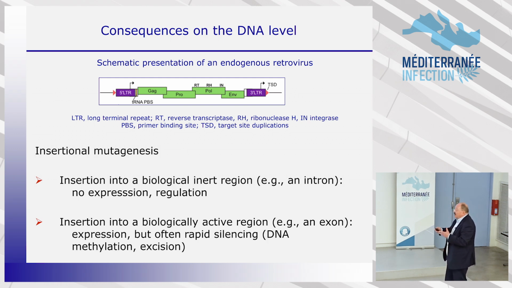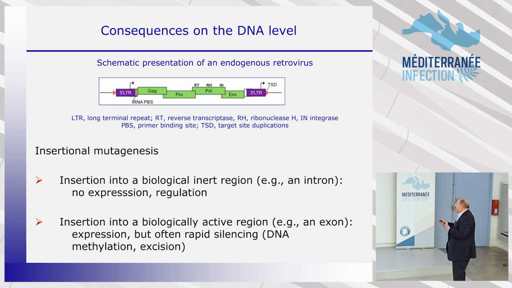And what happens when a retrovirus integrates? This can lead to a mutagenesis. If it integrates in an inert region, in an intron, for example, there is no expression, but it can be used for the regulation of other cellular genes.